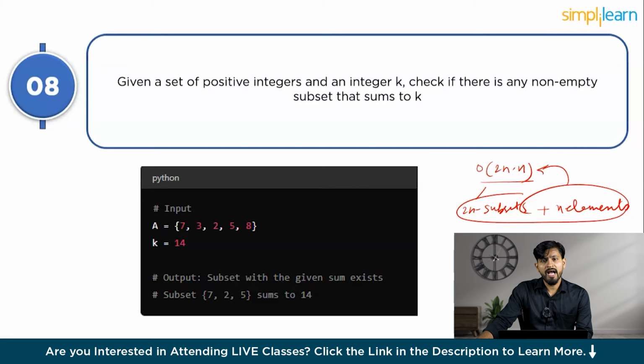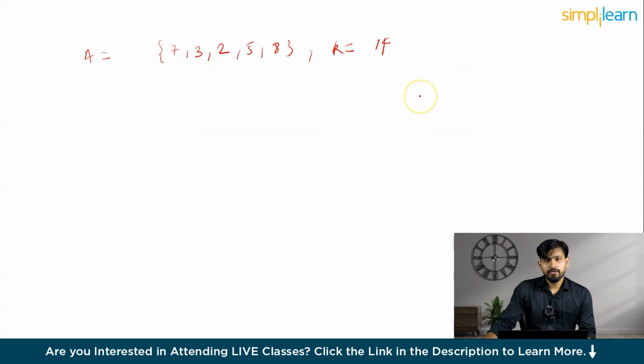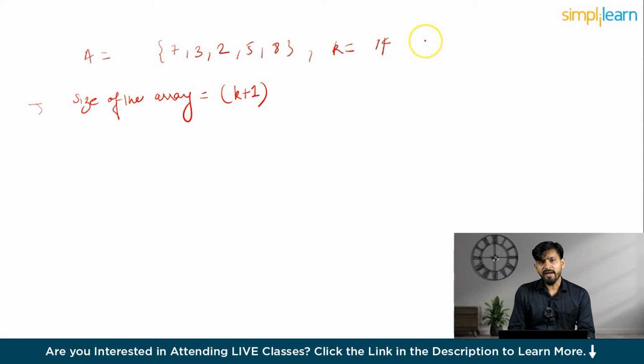So suppose we have a given set of integers, A equals 7, 3, 2, 5 and 8, and we take k equals 40. Okay, so here the task is to determine if there is a subset of A whose elements sum up to k.